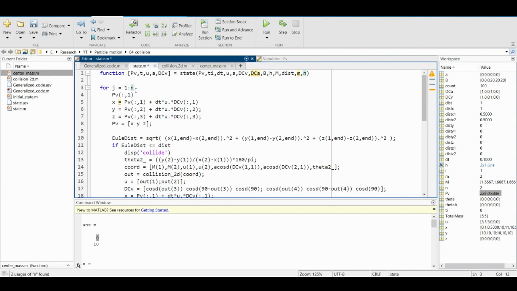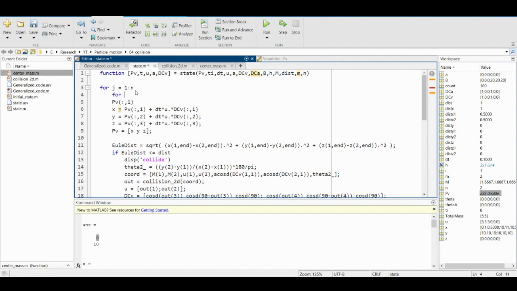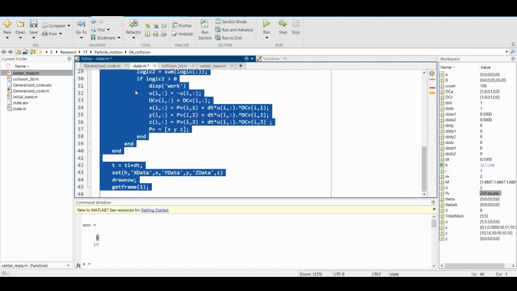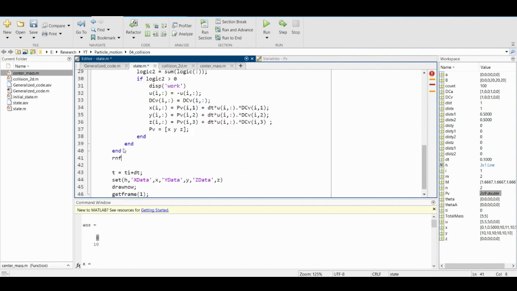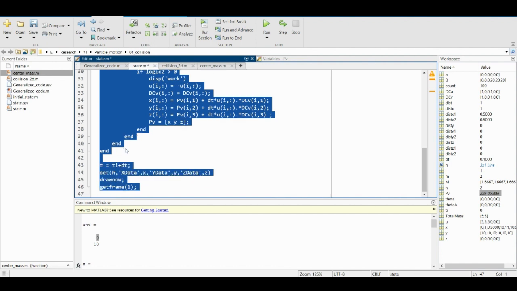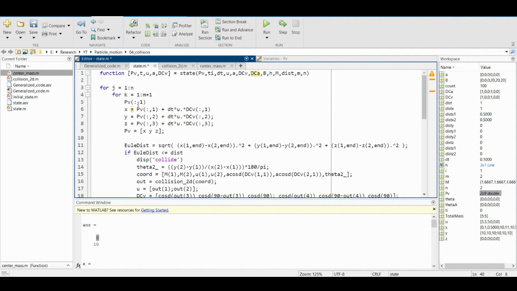Okay, that is it. So the first one is like change position vector of... okay, another loop for k is equal to 1 to m plus 1, and run one on another end, and control A, control I. Okay, so when 1, 2, 3, so at that time that would be cool. Now let's see.